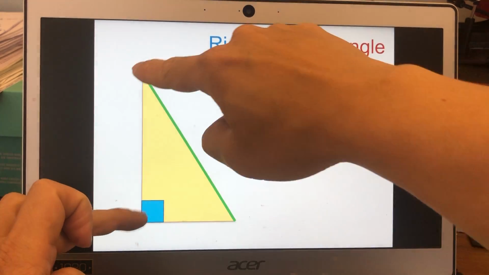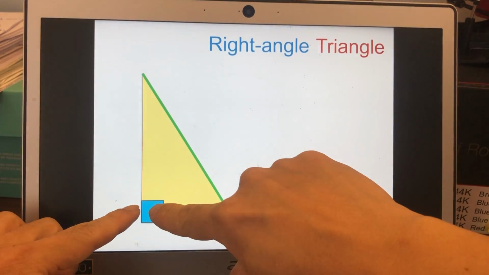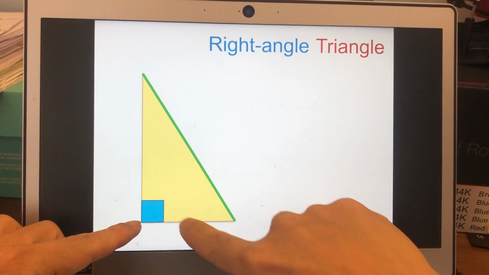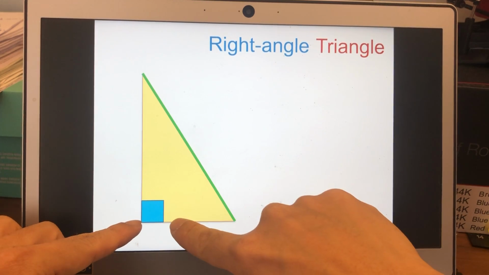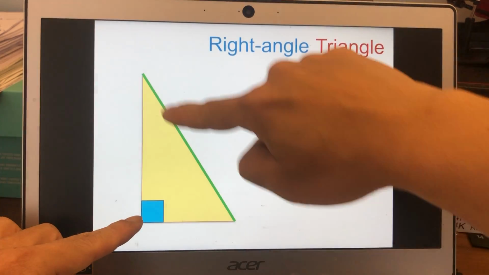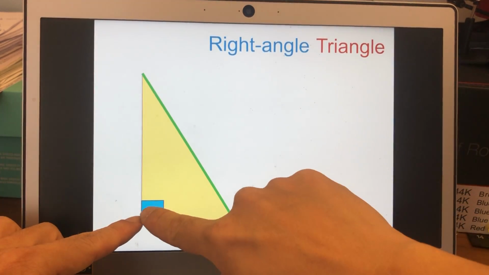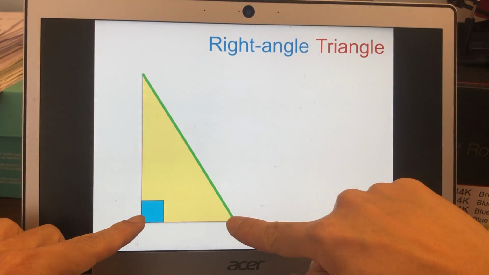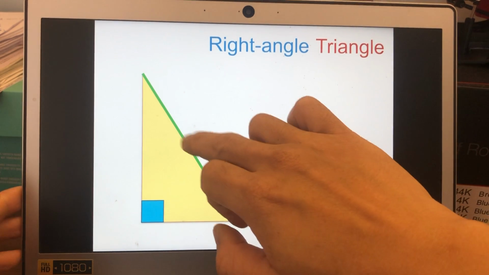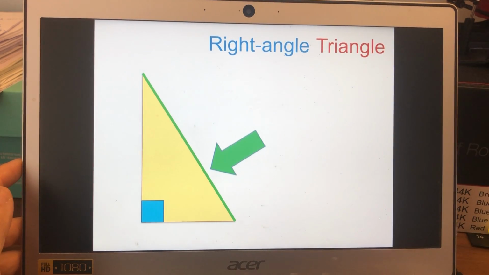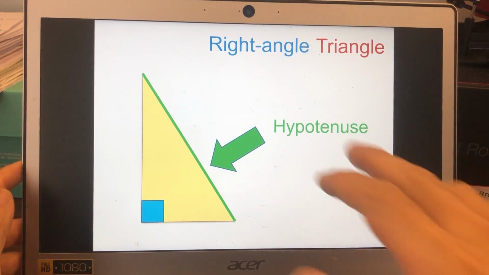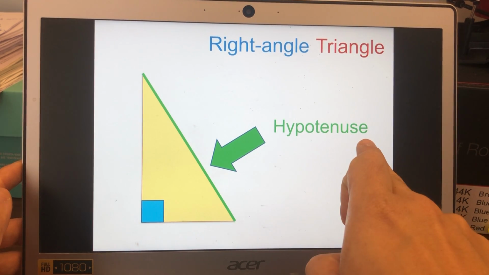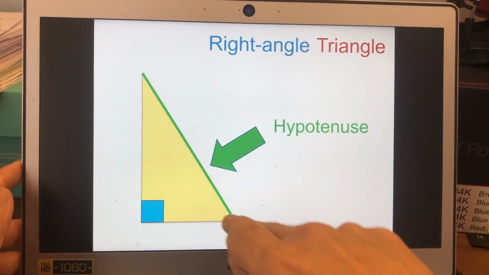They touch each other. Only this side does not touch the right angle. So this one must be the longest one. And we call this side, the very special one, the hypotenuse. This is the hypotenuse of the right angle triangle.